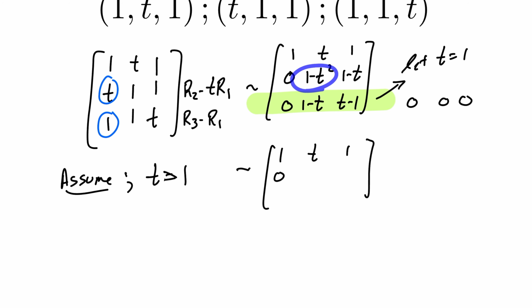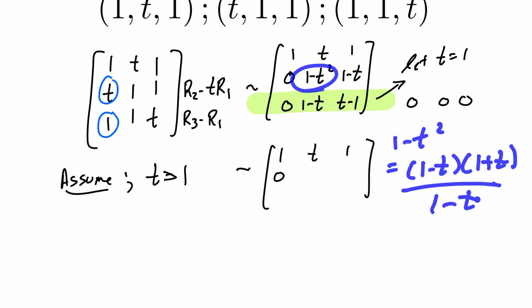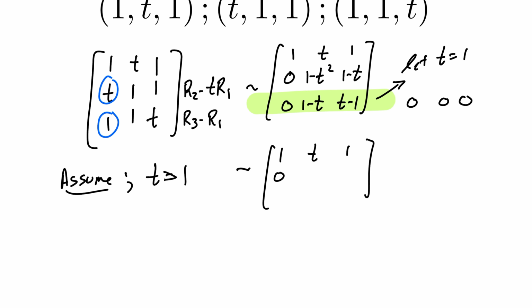I'm going to take this entry here, the 1 minus t squared. That'll break up into 1 minus t times 1 plus t. So when I divide across by 1 minus t, again doing that on the second equation, you're just going to be left with a 1 plus t in this spot. And then the next entry, we're going to be left with a 1, again divided across by 1 minus t.